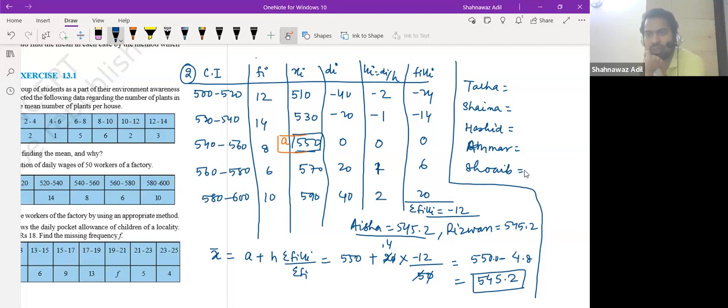Talha, Shaima, Harshid, Amar, Shuaib, do you guys get the result? Why is everybody silent? Are you guys calculating? Hello, from the other side. Yes, everyone, am I audible? Yes, sir, you are. So where are the rest of you guys?